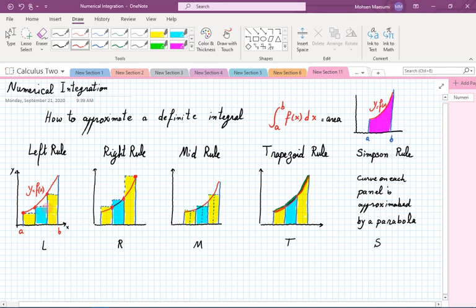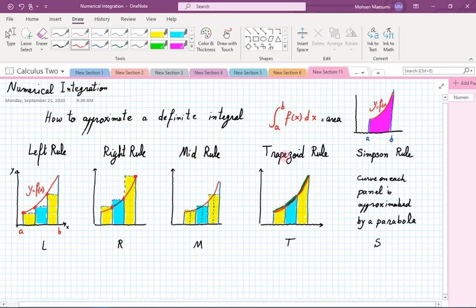As you increase the number of panels, the amount of area that you are underestimating or overestimating decreases, and you get a better approximation. The question is, do we have other alternatives, especially with a view toward efficiency, meaning with the fewest number of calculations, I want the best approximation I can get.